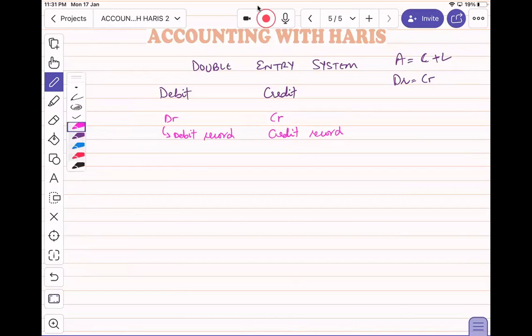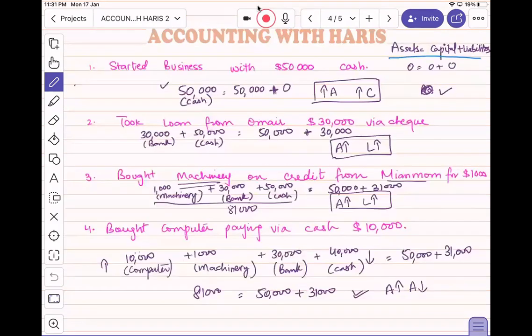What accountants did was make a rule that if assets increase, they are going to get debited, right? Now if you see, assets are on one side of the equation and capital and liabilities are on the other side. And we have already learned that if assets are increasing, our capital would increase. If assets are increasing, our liability would increase, right? We've already learned this.